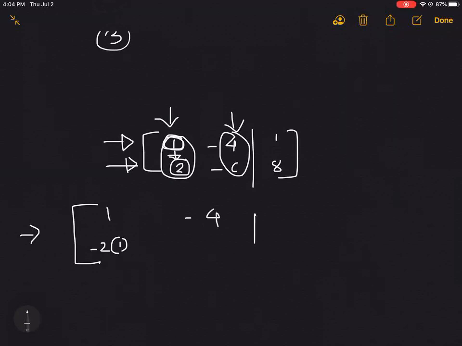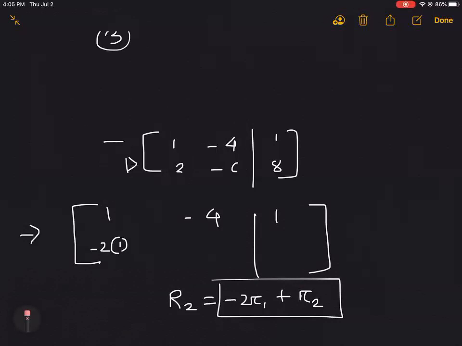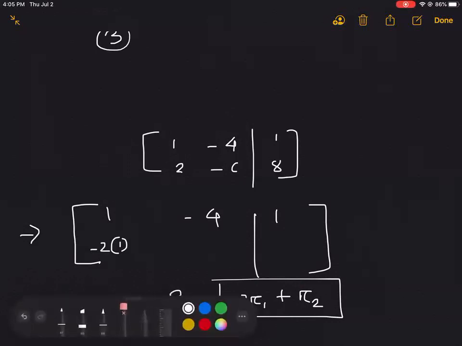So that's your first row. We'll not do anything with that. What we are doing is replacing our second row by multiplying the first row by -2 and adding the second row with that. Let me erase this. So we are multiplying the first row by -2.